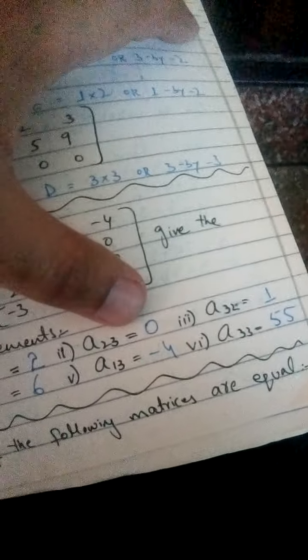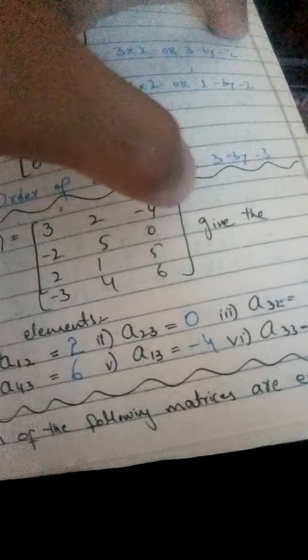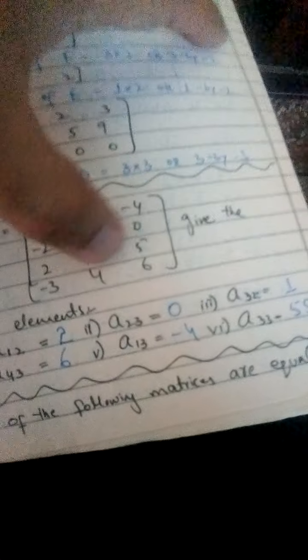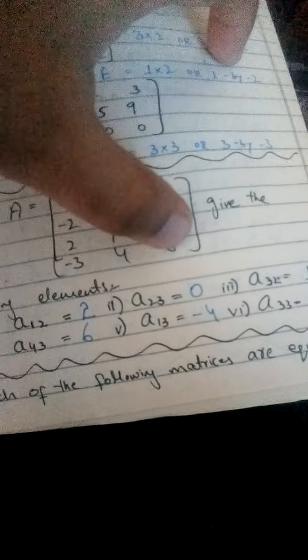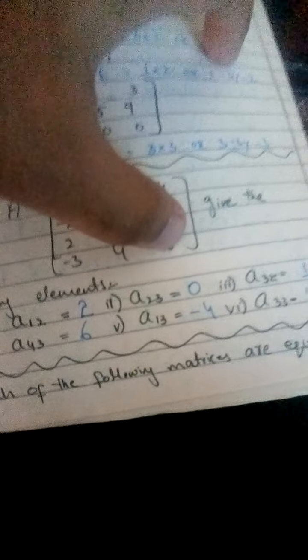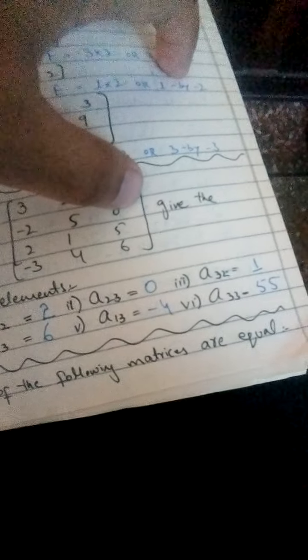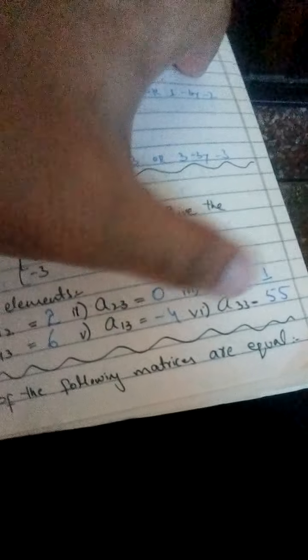Next is 2 3. 2 3 means second row, third column, it's 0. 3 2 means third row, second column, it's 1. 4 3 means fourth row, third column, 6. 1 3 means first row and third column, -4. And 3 3 means third row, third column, it's 5, not 55. Okay, here we have to write 5.